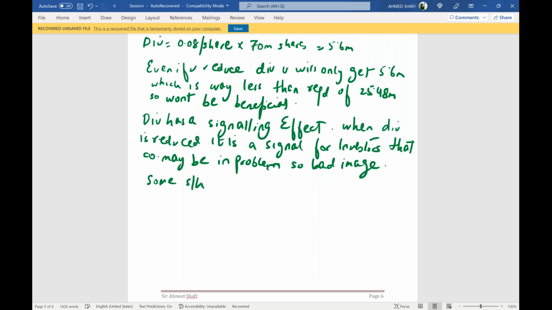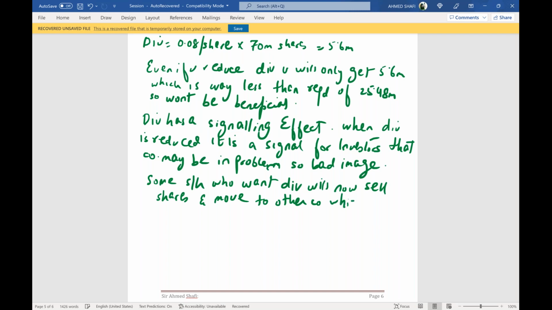Some shareholders who want dividend will now sell shares and move to another company, which may result in a fall in share price.